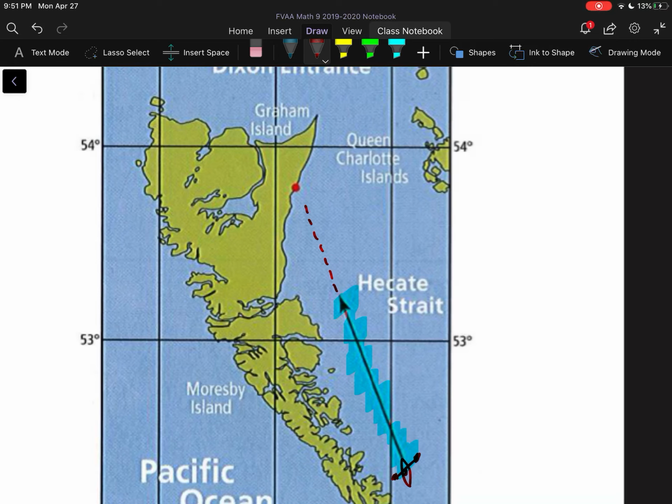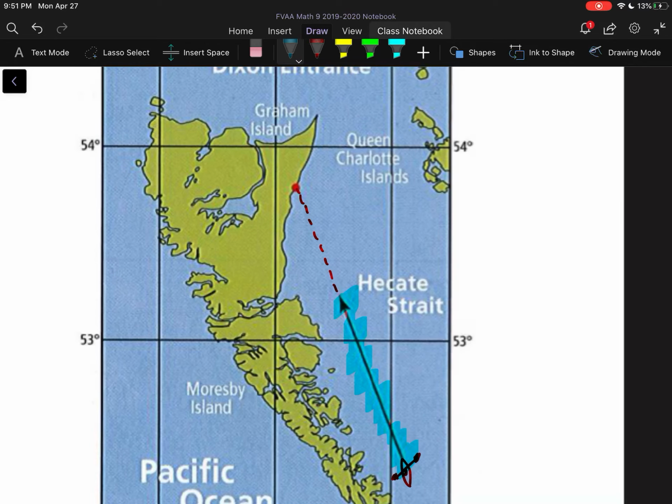Assuming that, I would say that she's going to land somewhere there, where that red dot is. But that's an assumption. Is Anna necessarily going to end up exactly there? No, right? She's likely to. We can estimate that, but there's no guarantee.